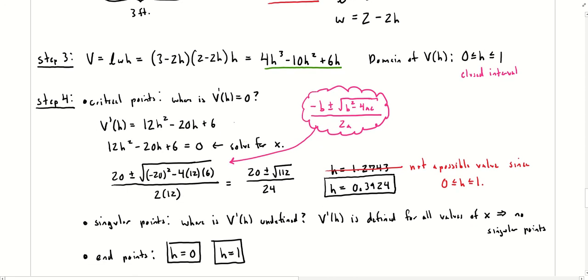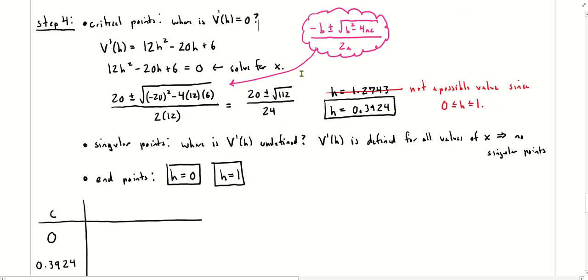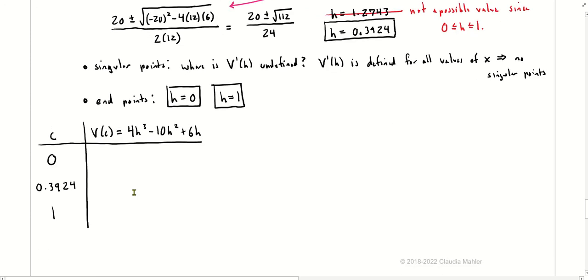I'm plugging these values into my volume equation. So just to write that volume equation down here, this was 4h cubed minus 10h squared plus 6h. So at 0, I get 4 times 0 cubed minus 10 times 0 squared plus 6 times 0. That gives me 0.